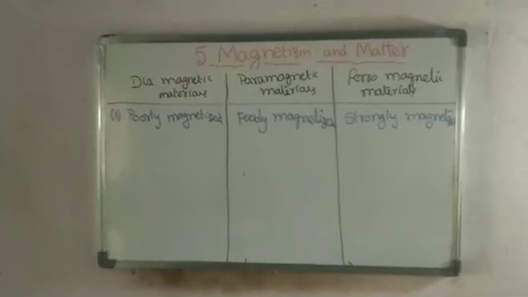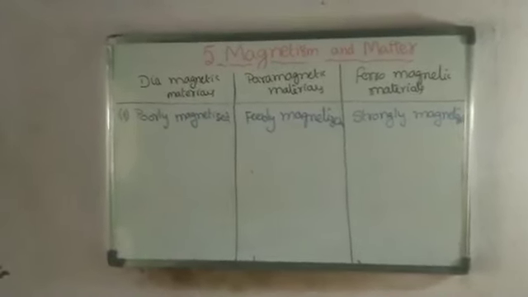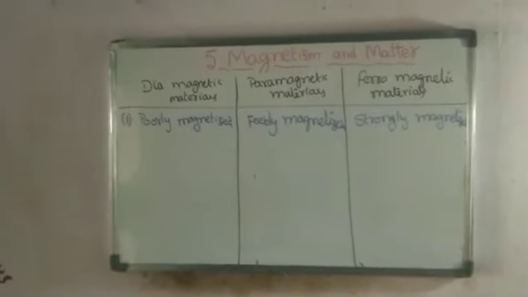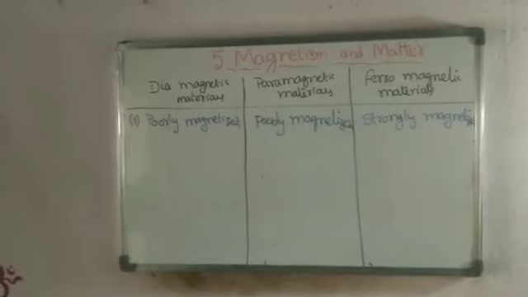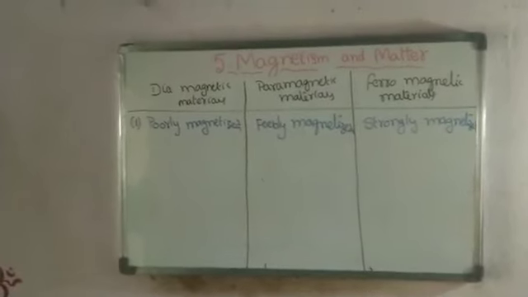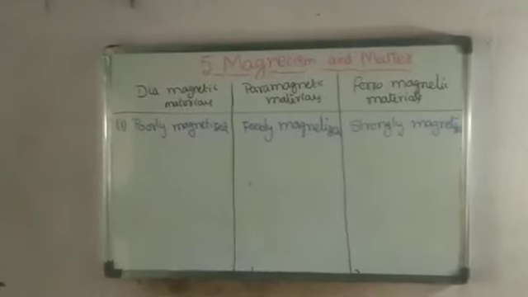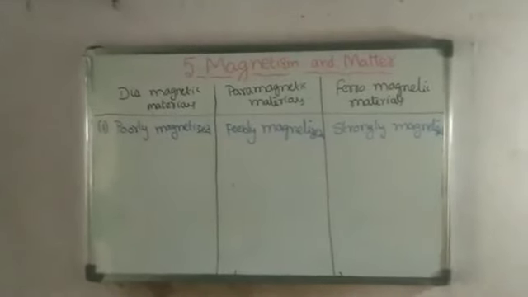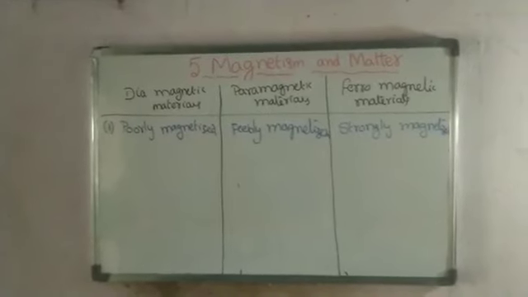See the differences between magnetic materials. The first difference is, when a diamagnetic material is placed in a magnetic field, it is poorly magnetized, meaning its magnetic field strength is very low. But when a paramagnetic material is placed, it is feebly magnetized.